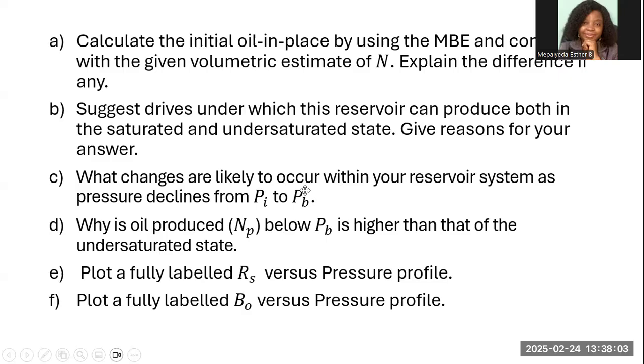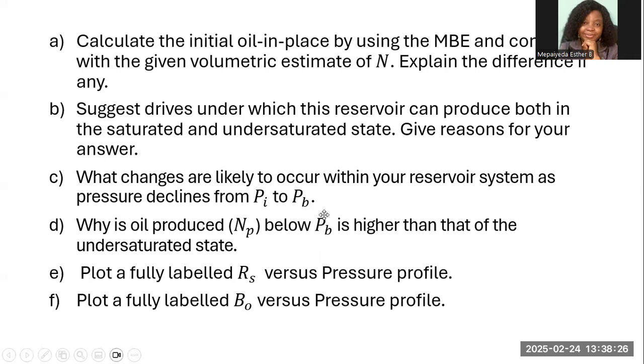You can also support your answers with a profile, possibly your RS pressure profile, your BO pressure profile. Why is the oil produced, that's your NP below PB, higher than that of the undersaturated state?